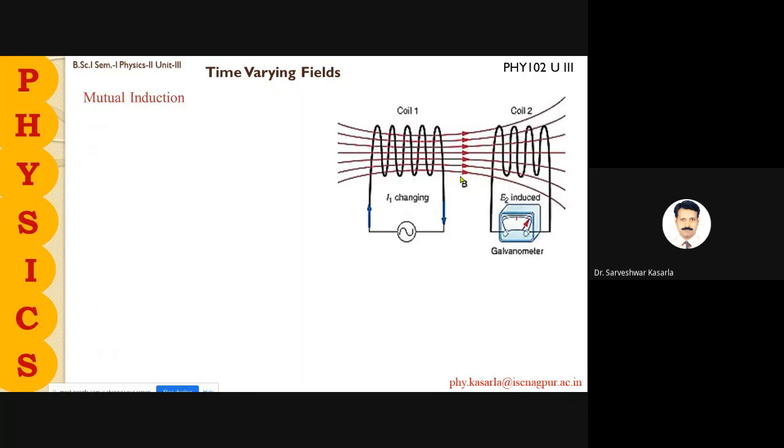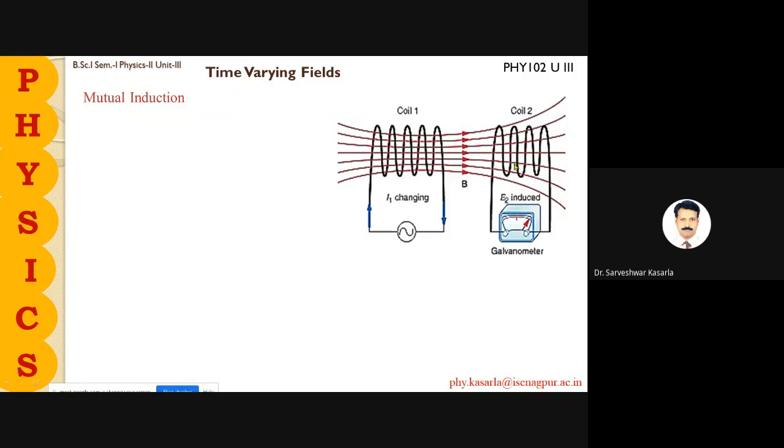Similarly, one can get the mutual induction. Now here there are two coils. This is one coil which we have seen earlier. The voltage source is applied to this coil, so there is a change in current in this coil, and the magnetic flux is linked with coil 1.